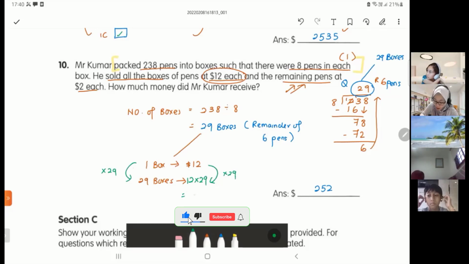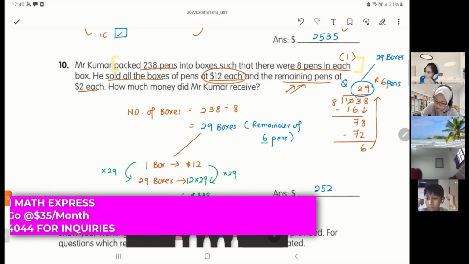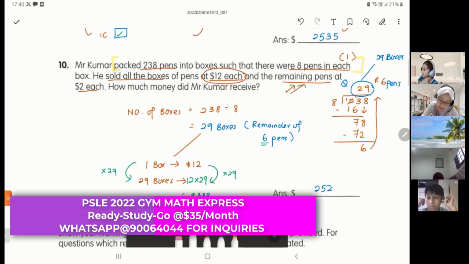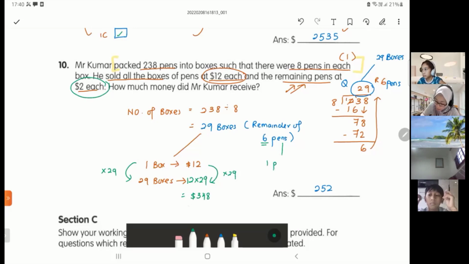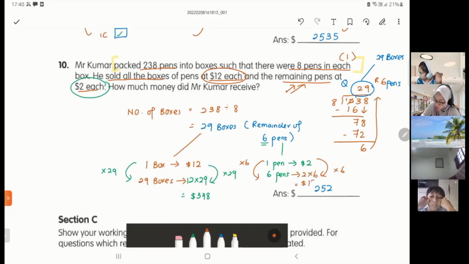That will be 348. Now this one is settled. What about the remaining 6 pens? Remember the remaining pens are sold at $2 each. So 1 pen is $2. 6 pens is 1 to 6, I times 6. Here must also times 6. So this is 2 times 6 equals $12.